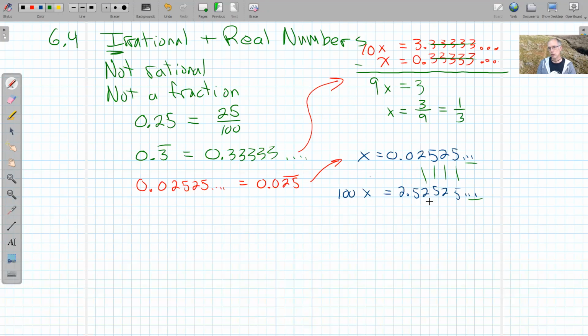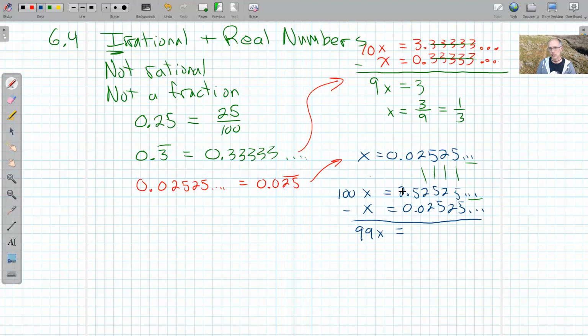So from the hundredths place onward, if I subtract, things are going to disappear. So I'm going to rewrite the original number underneath so the subtraction makes more sense, and then do my subtraction. So 100x minus 1x is 99x's.